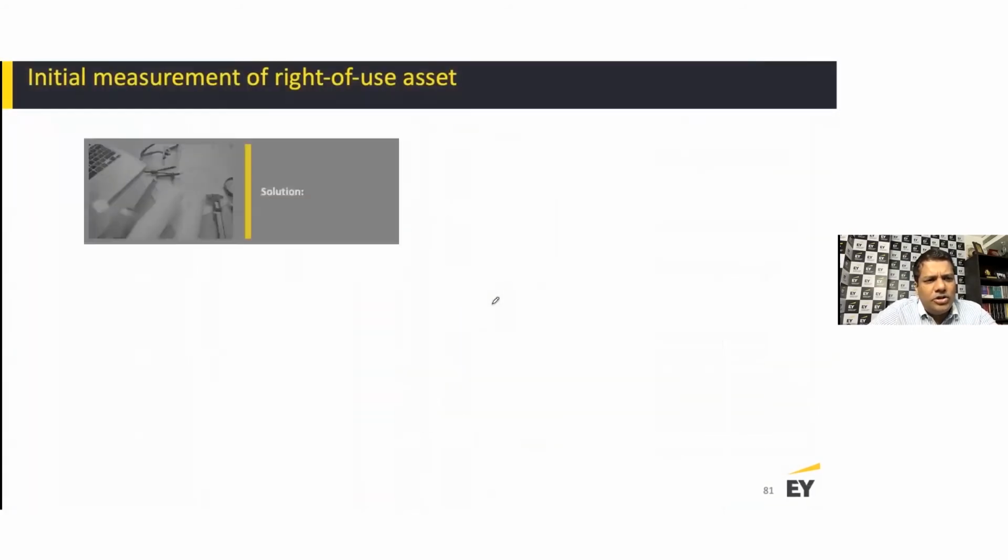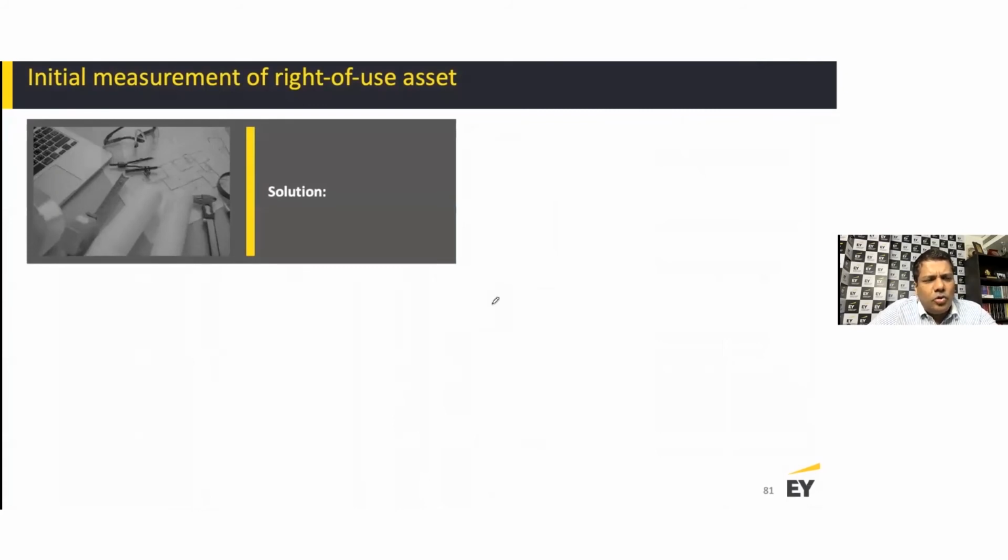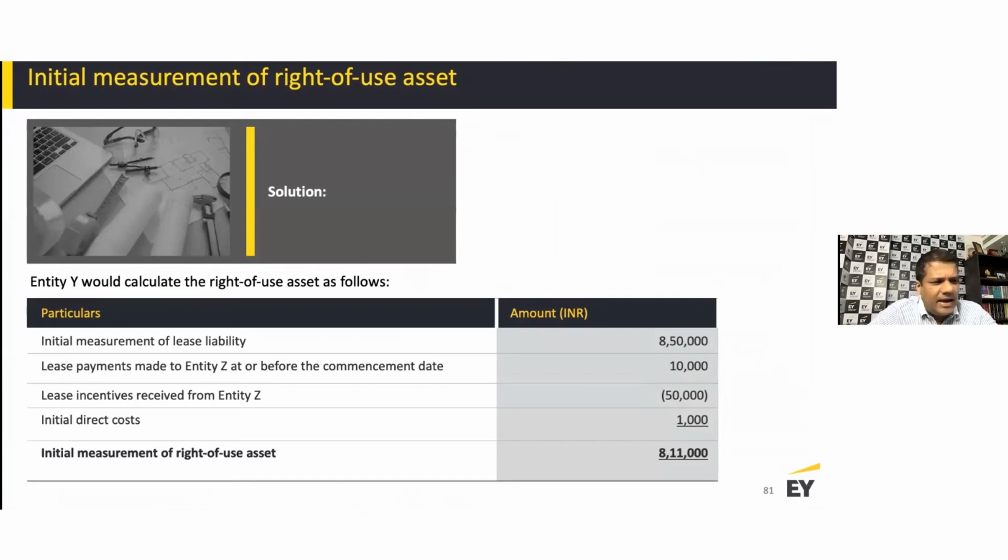Okay, so when I look at the solution here, I'm going to look at my lease liability as 8,50,000. I'm going to increase that by 10,000. I'm going to reduce that by 50,000. I'm going to increase that by 1,000, and the total number is 8,11,000 as my initial measurement of right of use asset.